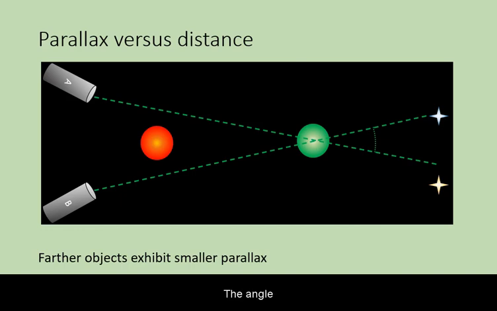The angle that is observed will depend on both the distance to the object as well as the distance between the two viewing positions.